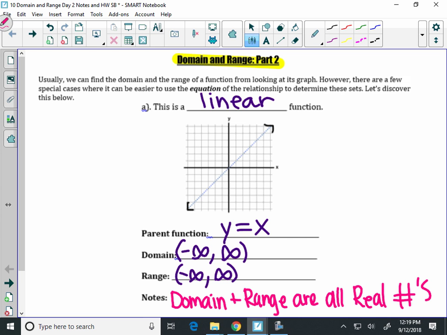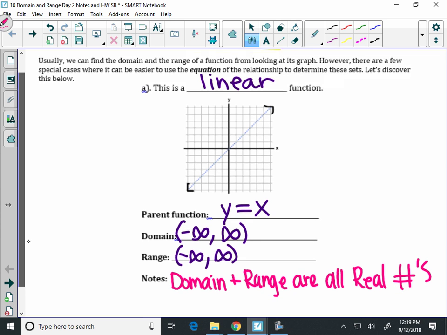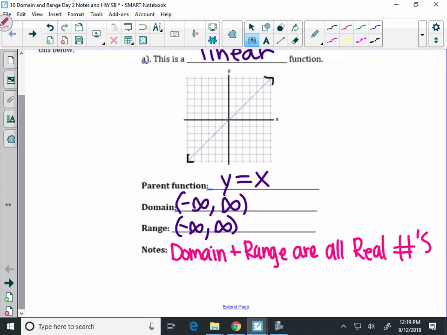Now, in a practical sense, domain and range, at least what we're doing right now, is kind of a theoretical topic, meaning that it's hard to firm it up. You're not going to talk about domain and range of a line in your everyday life in terms of infinity.